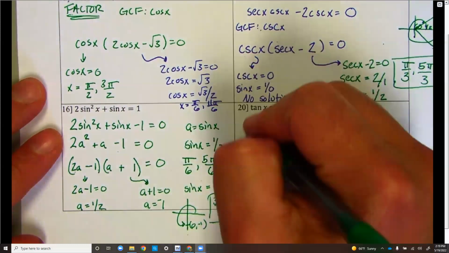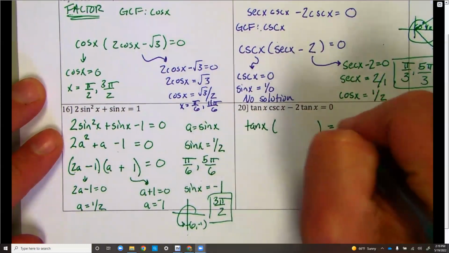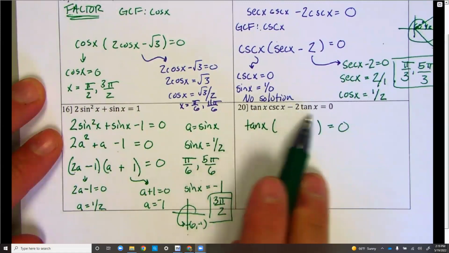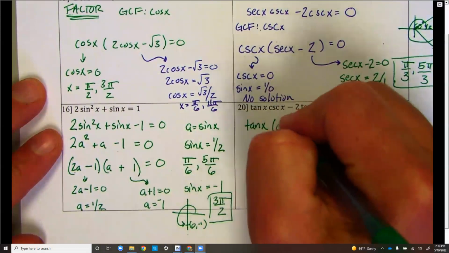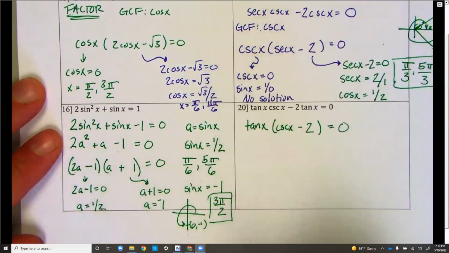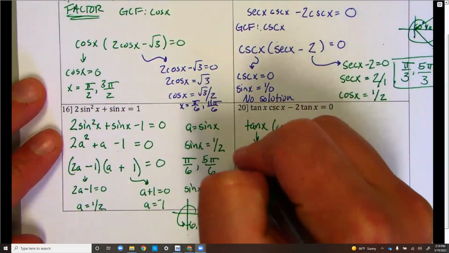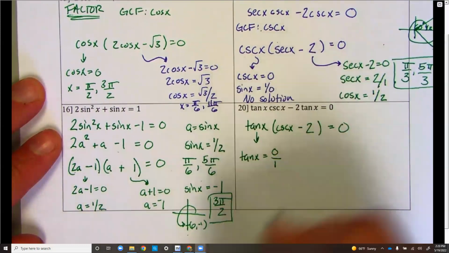Final question. I can see right away that these two terms, tan x cosecant x minus 2 tan x, share a common factor of tangent, leaving a cosecant and a 2. So what angle has an opposite of 0 and adjacent of 1?